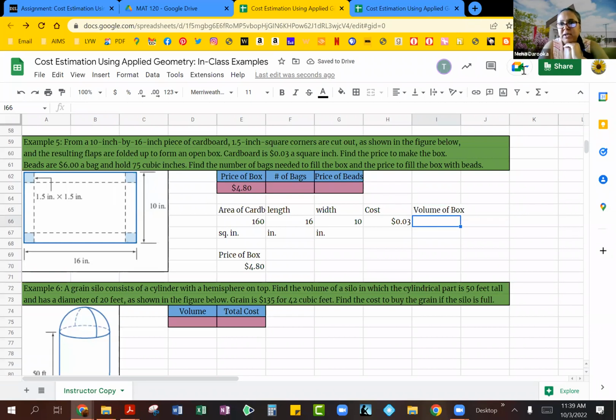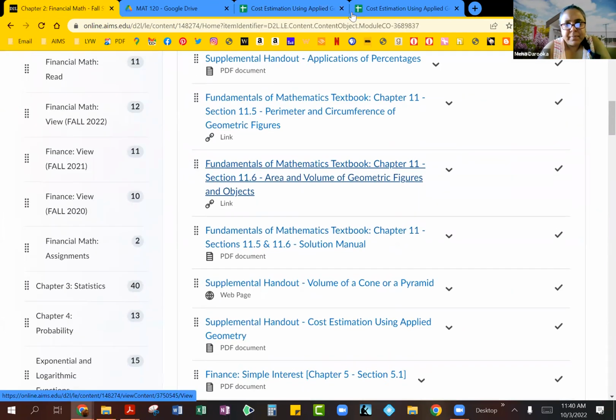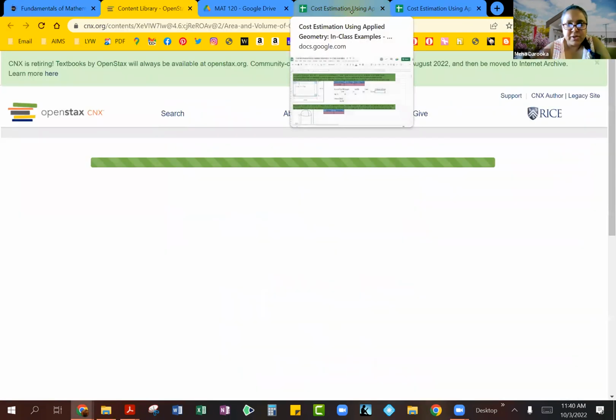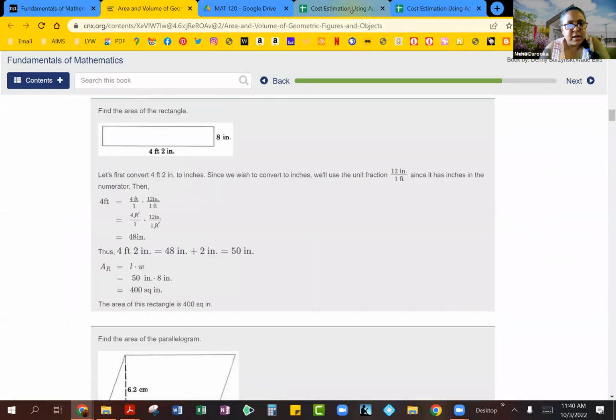Now for the volume, remember that's three-dimensional. I think I actually did not open that link. Give me a second here. Okay, it's just to show you the formula for the volume of a rectangular solid.